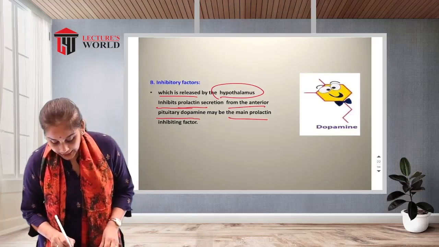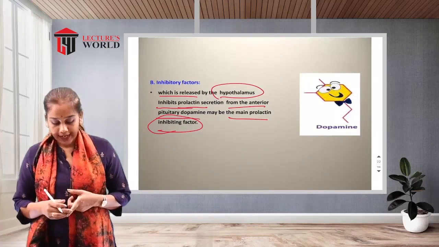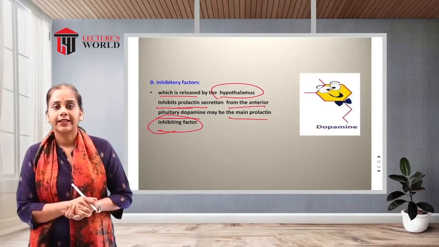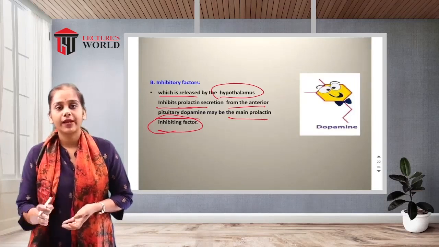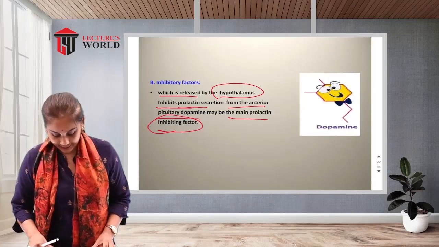Dopamine may be the main prolactin inhibitory factor. The hypothalamus triggers the anterior pituitary gland and prolactin will be stopped. So this is the inhibitory factor.